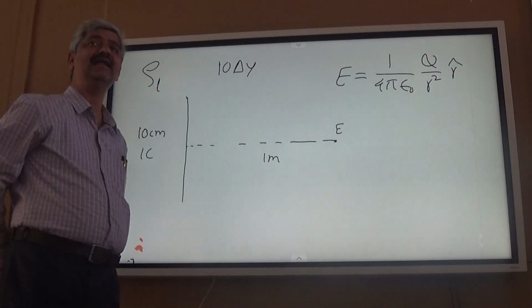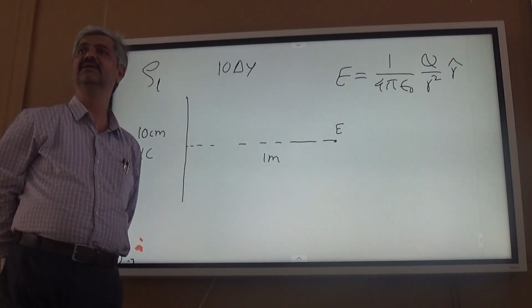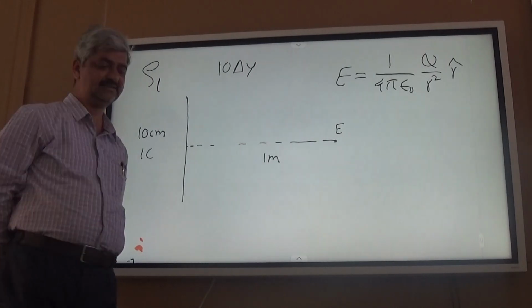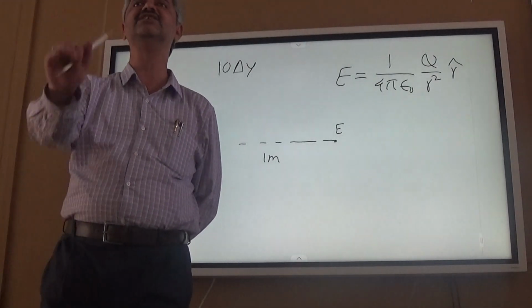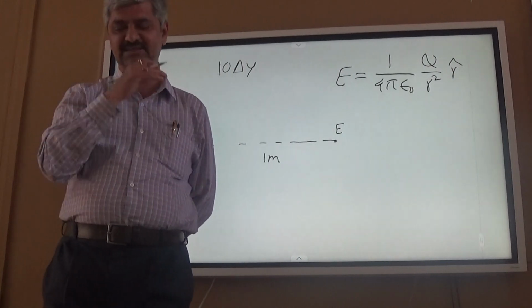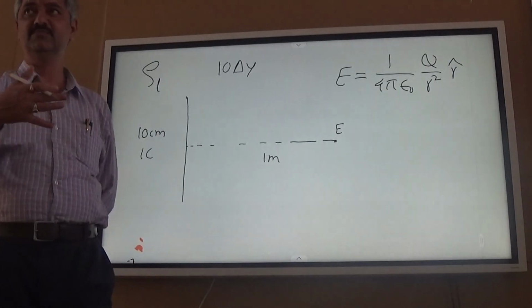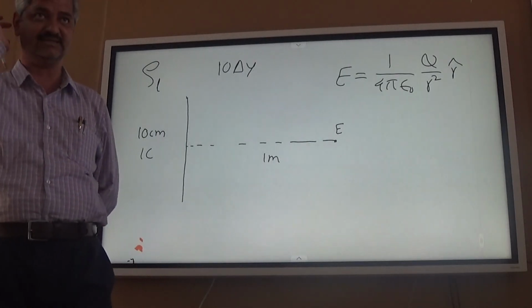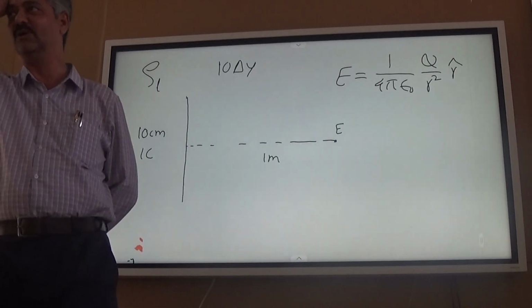Now if I decide to divide this length of 10 centimeters into segments of 1 millimeter each, I am keeping it very simple. At engineering level this much simplicity is not required, but this being the introductory lecture, everybody has to understand. If you find this difficult to understand, then you need to rework.